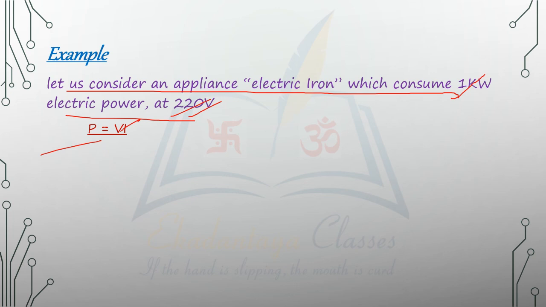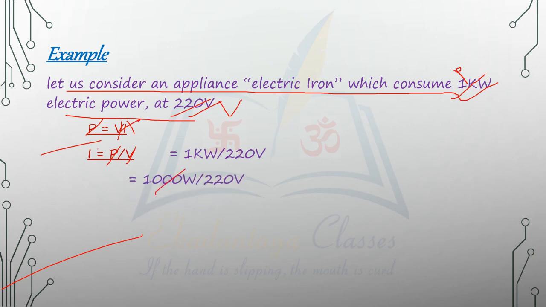We don't know I, and we know V and P. Substituting, 1000 divided by 220, I is equal to 4.54 ampere.